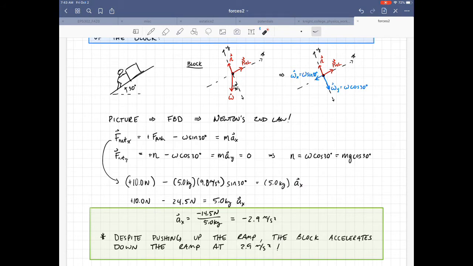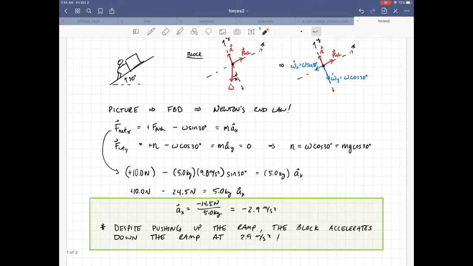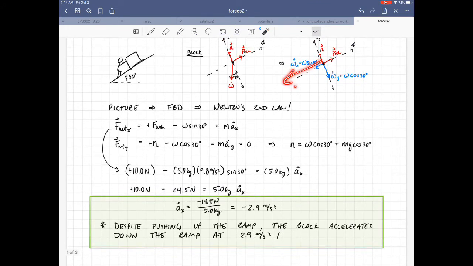And that's got to be equal to max. So here I'm going to plug in everything. Plus 10 newtons minus 24.5 newtons equals 5 kilograms times ax. So this means that ax is equal to minus 2.9 meters per second squared. The minus sign here is telling me that the acceleration is in the negative direction, so this is the direction of the acceleration, down the ramp.